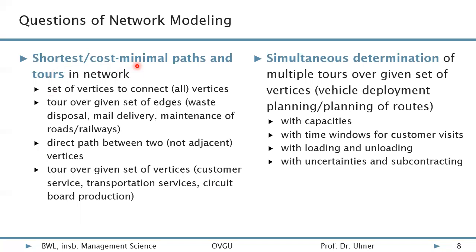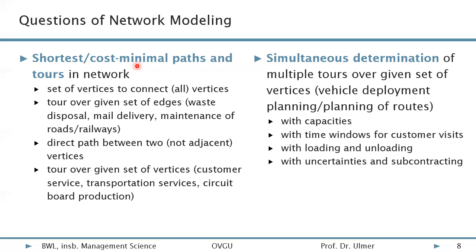How can we visit all vertices in the network at minimum cost, or all edges? And cost are often associated with the weight, but cost does not necessarily need to be distance, the weight can represent many other things too.